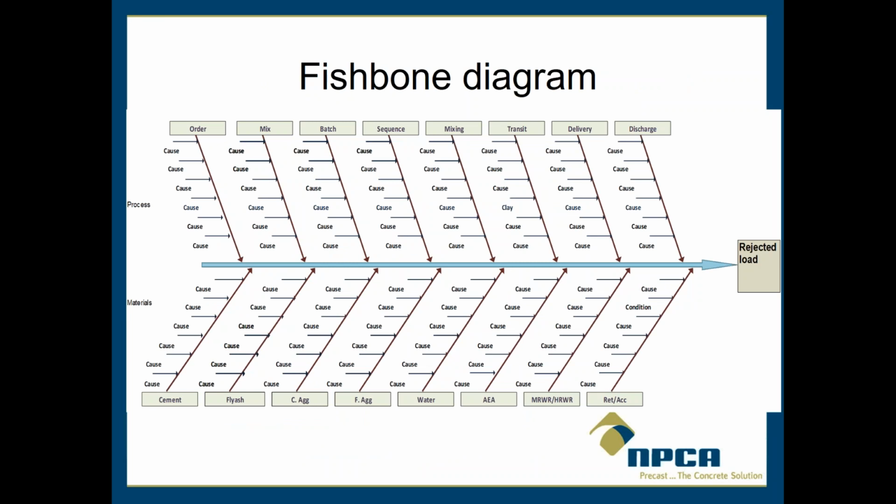Now this is something that I've put together in my computer just so I can have this and write some things down, and this is mostly blank, but I've included all the things that typically come into play with a rejected load of concrete or rejected batch of concrete, starting with the order, or in the case of a precast, did the right mix get ordered from the placing crew or assigned to that project.